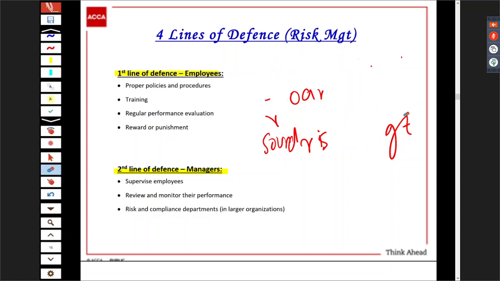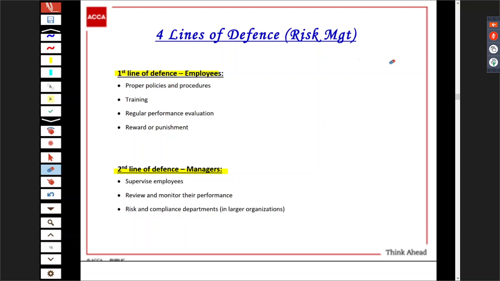Because ultimately, who's responsible? I am responsible, you are responsible, the board is responsible. But the board is small, just 8 or 10 people, and we just sit in the head office. How do you think we can ensure that things are working properly as intended?